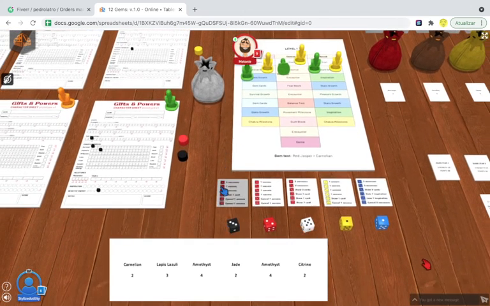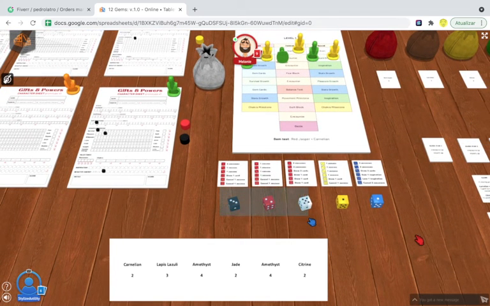Okay, and on my side, I have one, two, three, four, five, six, seven, eight, nine cards, and we already built in that I can only have seven. Yeah, you need to discard two or use some of them.